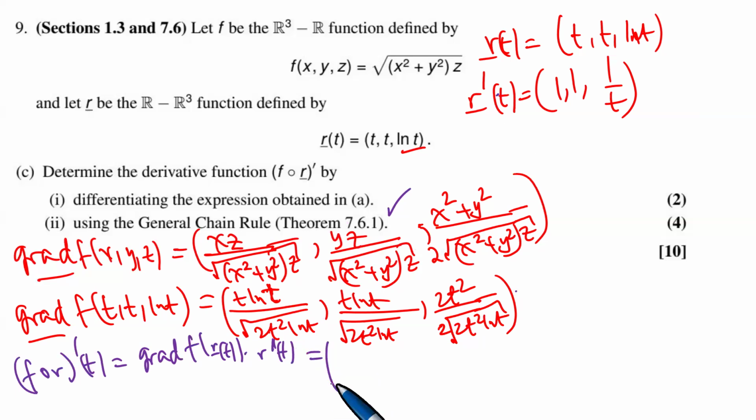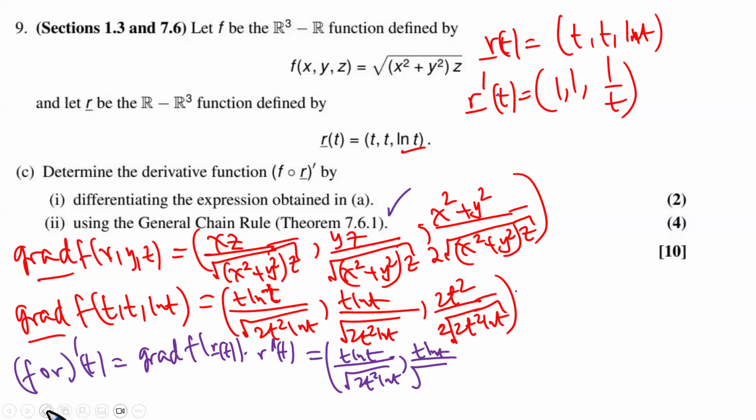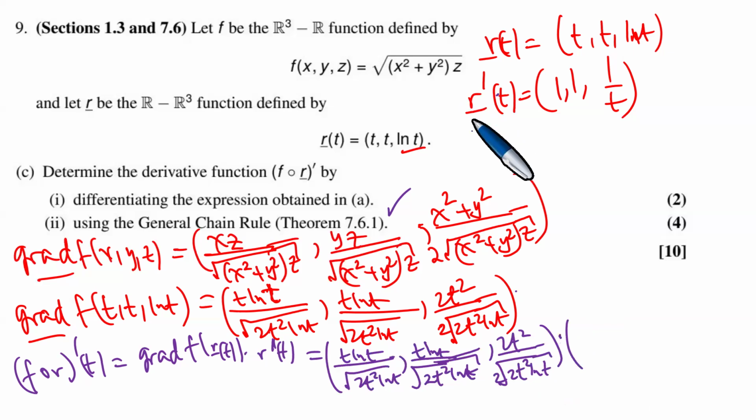You can just take the dot product for completeness' sake. t ln t divided by the square root of 2t squared ln t, t ln t divided by the square root of 2t squared ln t, and 2t squared over 2t squared ln t, dot r primed, which is 1, 1, 1 over t.